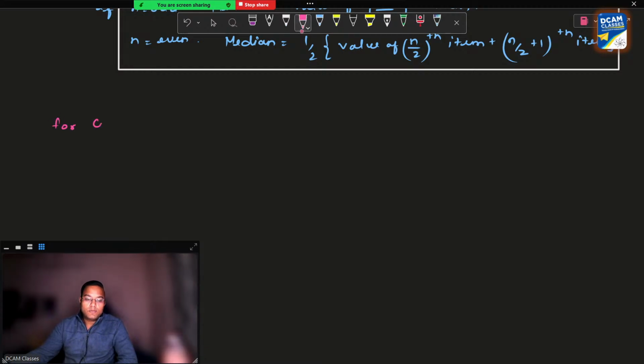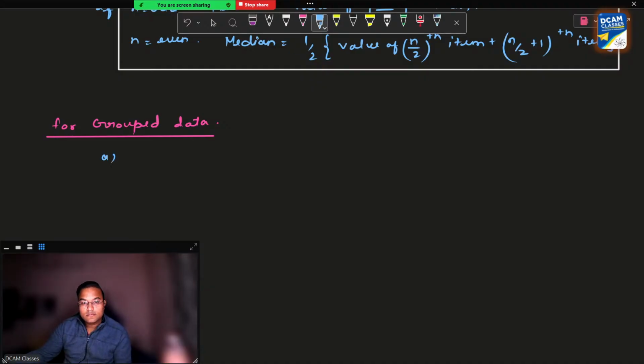Now for the grouped data, what we do, for series in ascending order, so for discrete series, do you know how do we calculate it?